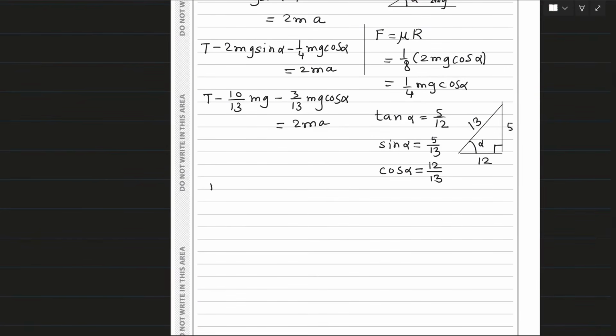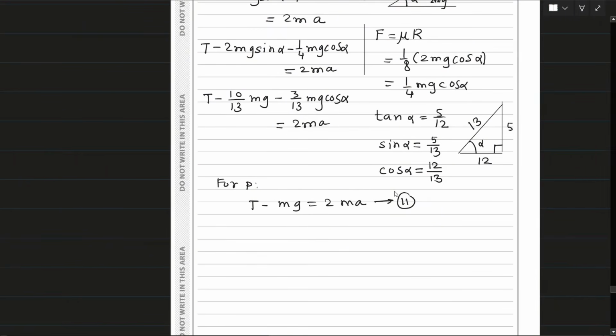So ultimately, for P, we have a simplified equation that is like this. This is our equation number 2.